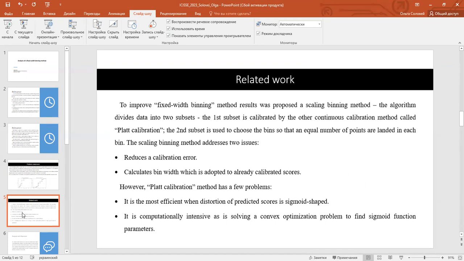However, the Platt calibration method has a few problems. It is most efficient when distortion of the predicted score is sigmoid shaped. It is computationally intensive as it solves a convex optimization problem to find sigmoid function parameters.